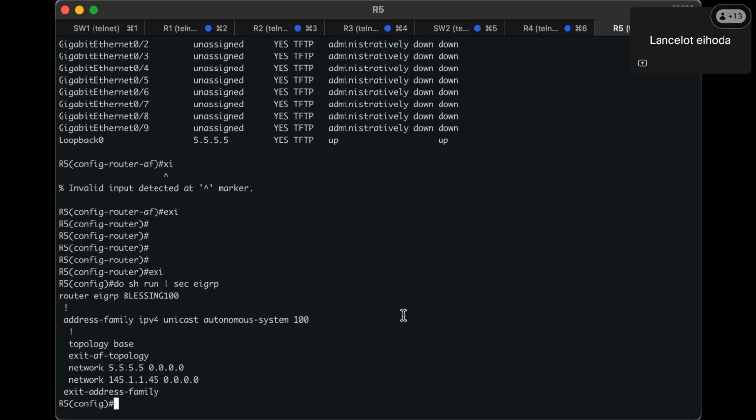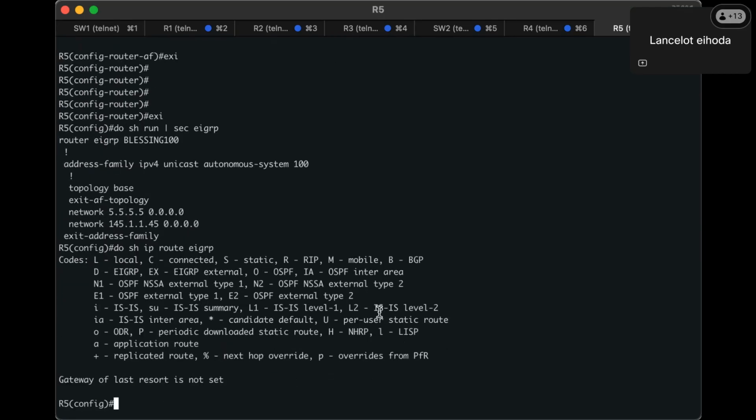Can anybody think of something that will actually make this not work?